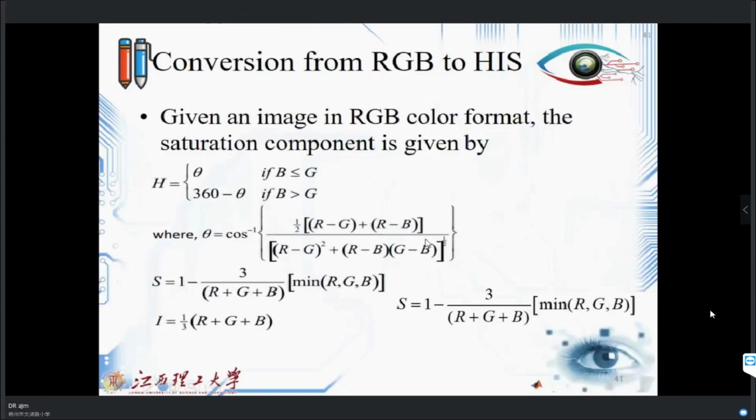More, if you want to see the conversion from RGB to HSI, you will see that we need the S factor, which can be generated by this formula, and I, which is the average of the values of R, G, and B, and S is the formula that we have at the top.